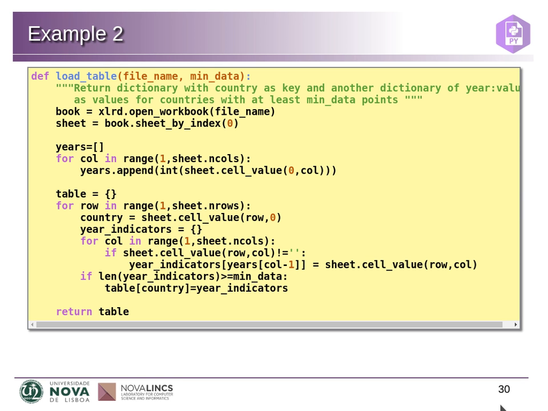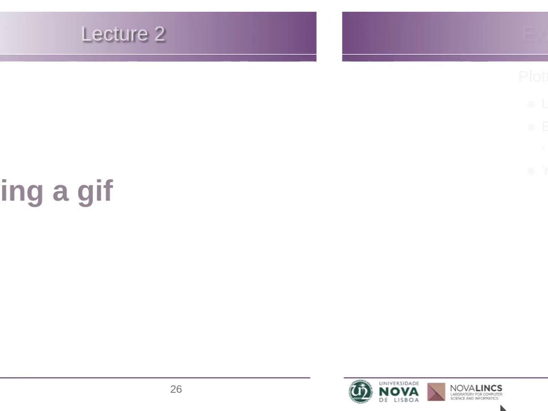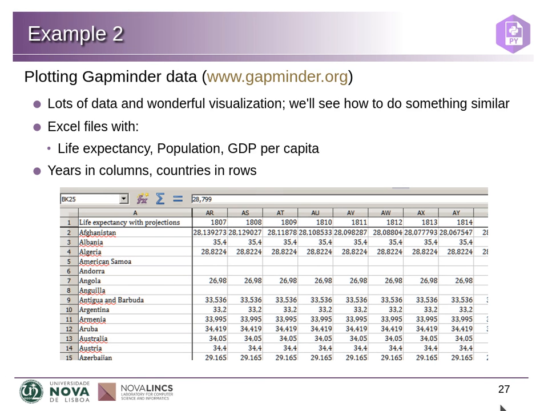And now we're going to look at all those columns that have data, and we're going to get the cell value from that row and that column. If this is different from empty, because it happens a lot that we have empty values here. If we have empty values, we don't want to add them to the dictionary because we don't have any value for that year, for that country.